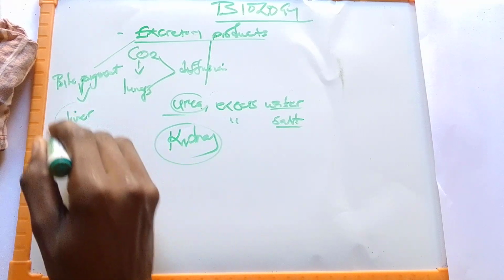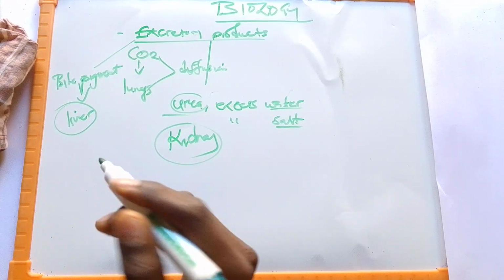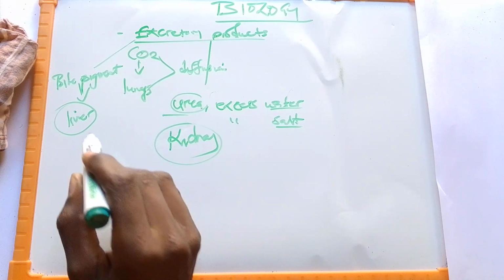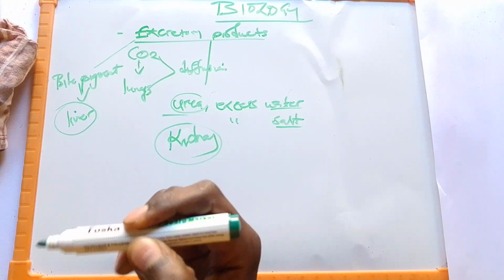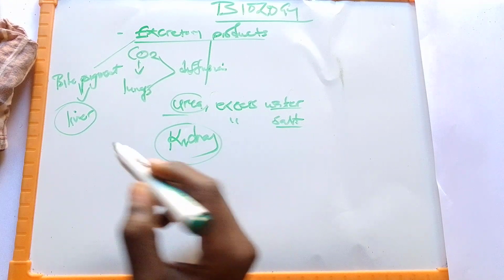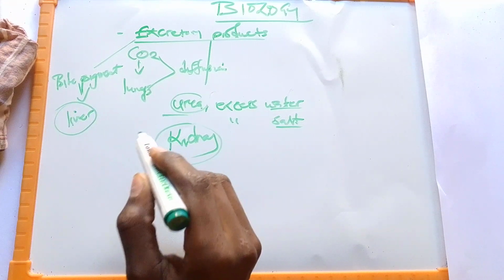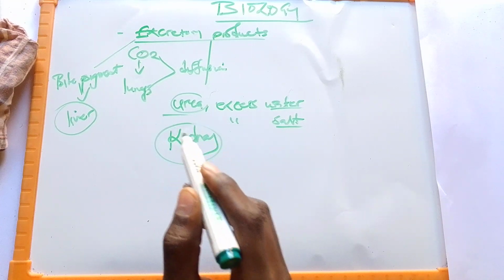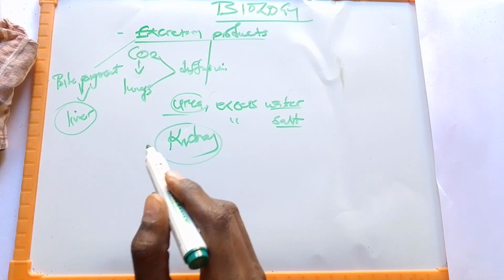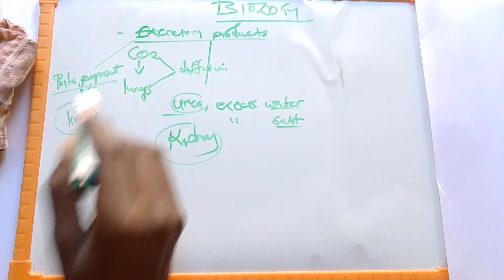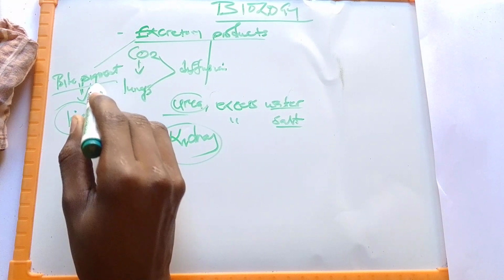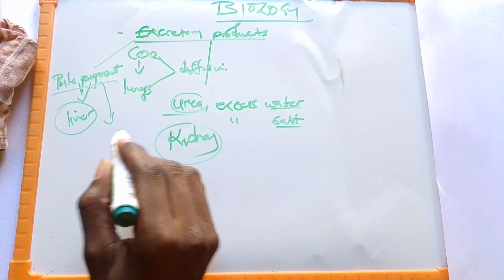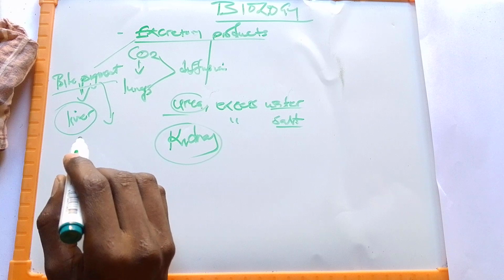Then this bile has no digestive function, but its function under digestion, we just say, is that it adds color to feces. So bile pigment is produced from the dead red blood cells which are being destroyed in the liver. Hence, the byproduct will be the bile pigment. So this bile pigment will be excreted from the body through the feces.